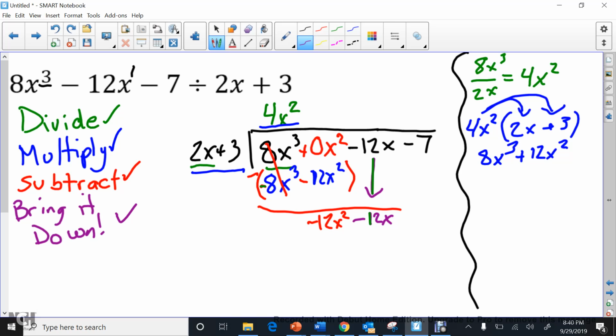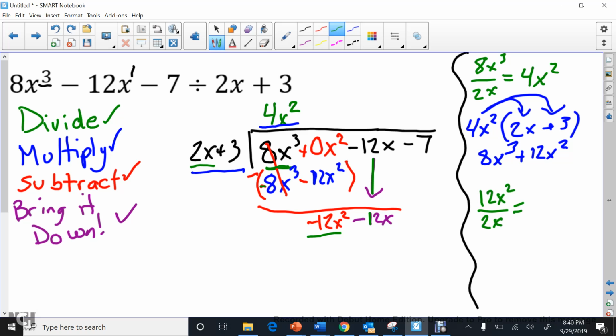Okay, now we go back to our division step. Instead of seeing how many times we can fit into the divisor right here, we now want to see how many times 2x, our divisor, will go into 12x squared. So I'm going to do 12x squared divided by the 2x again. Every time we divide, we should be dividing by the same thing.